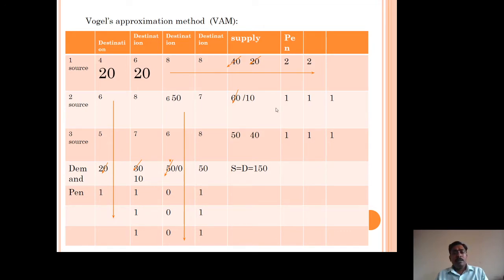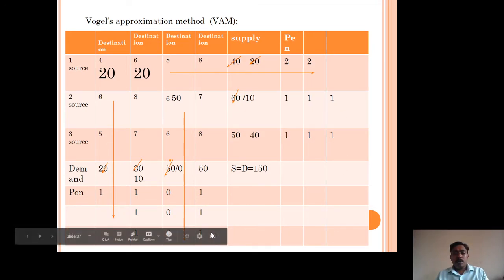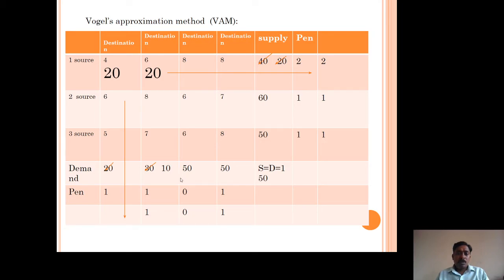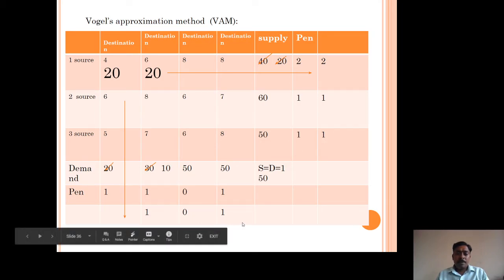Now we find that at 4 locations we got penalties, so we have a tie. We can allocate to any one of these 4, at the minimum cost cell.